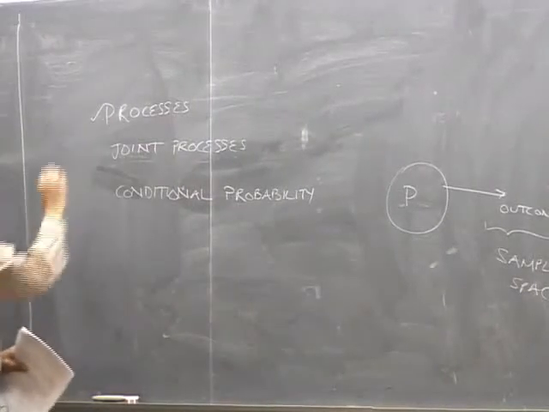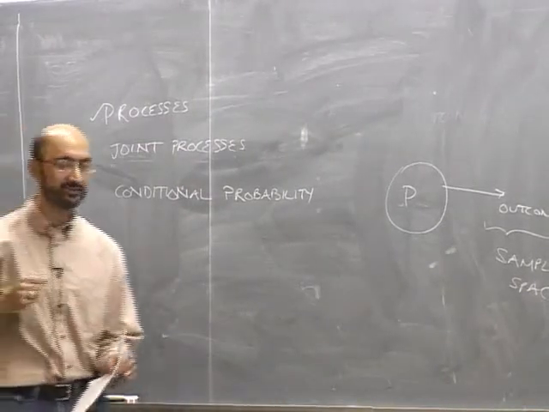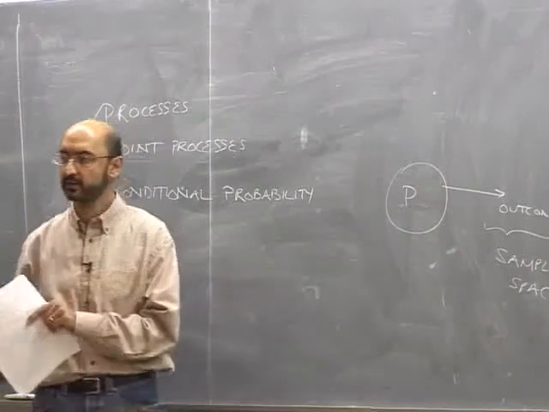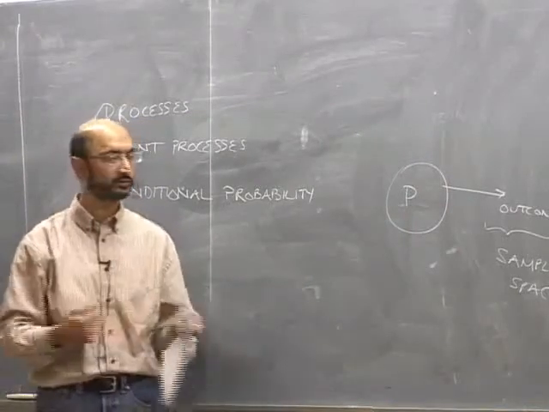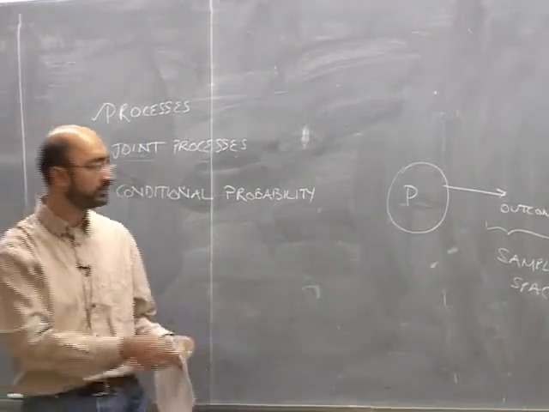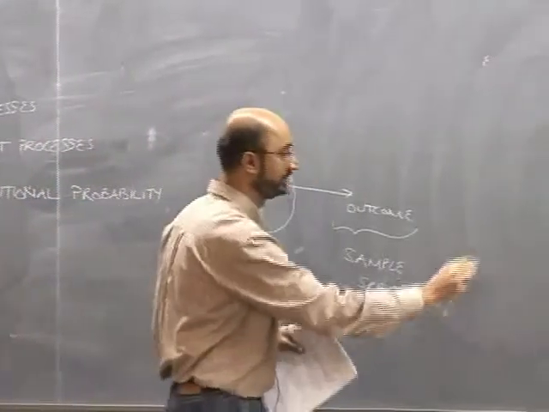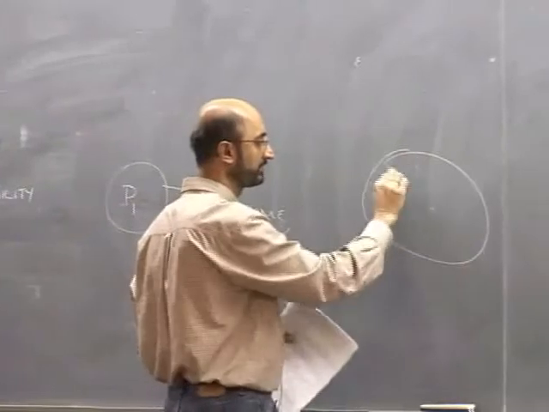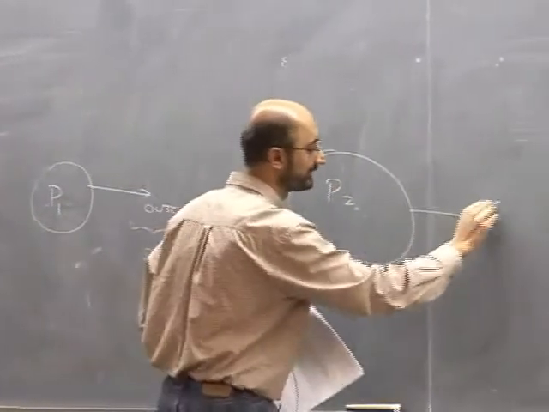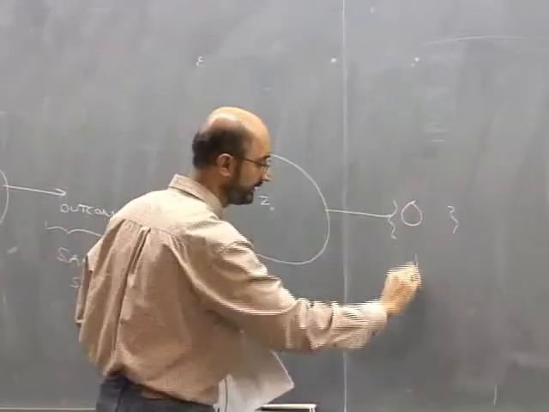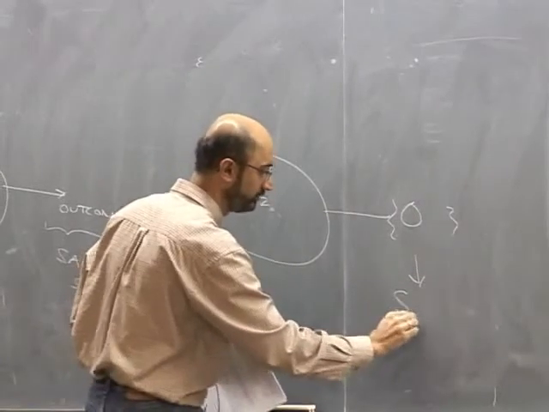But what about a joint process? A joint process basically means that we have one process followed by another process. Okay? And so we can call this process P1, resulting in sample space S1, and then followed by some other process P2, which results in some outcomes, and that we call sample space S2.